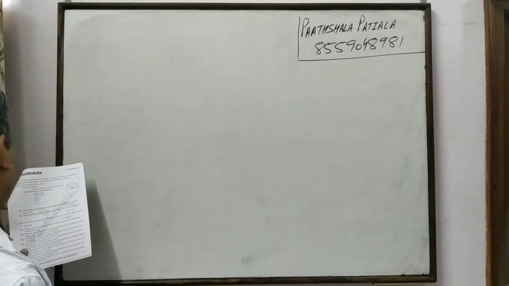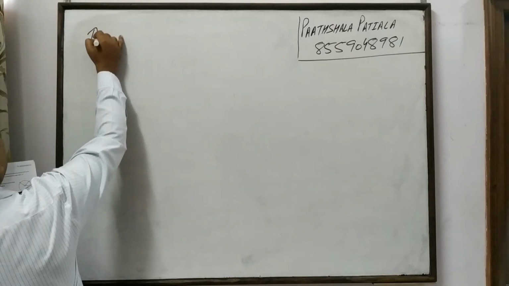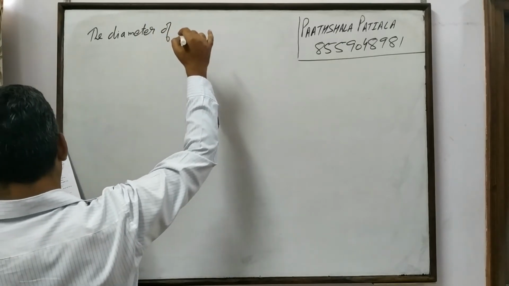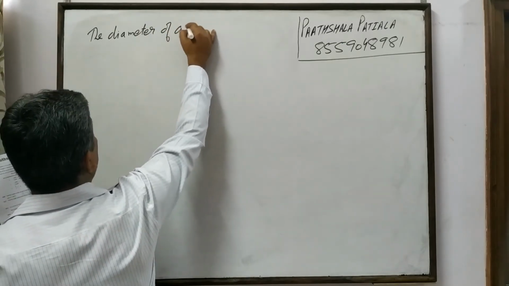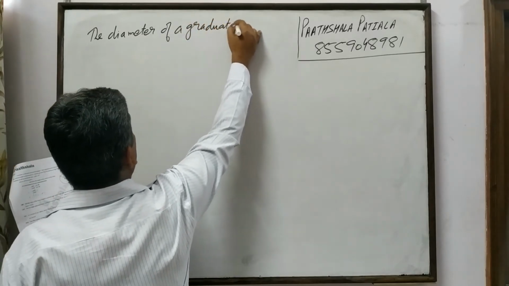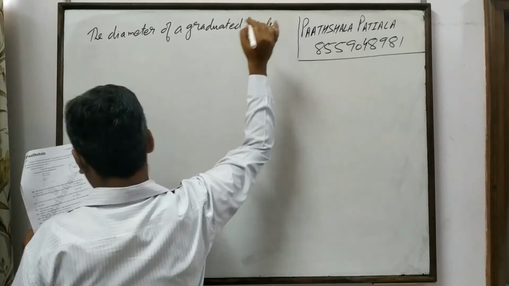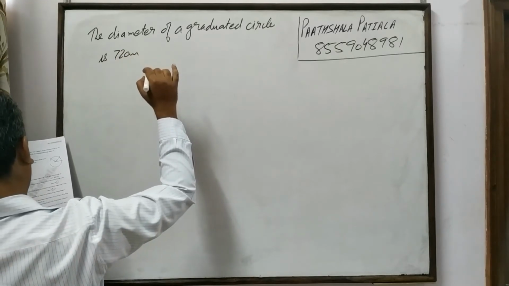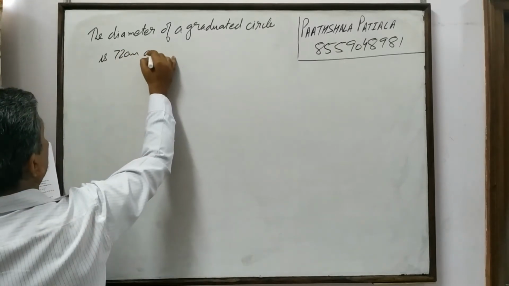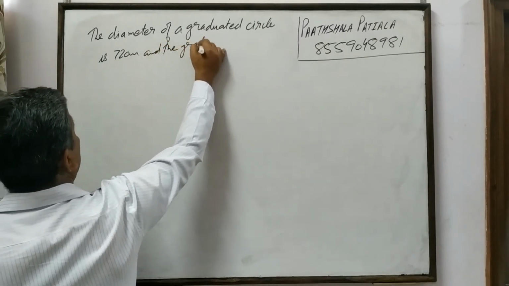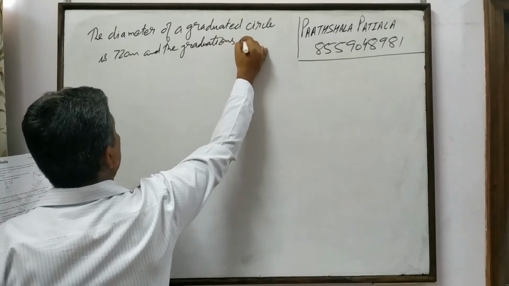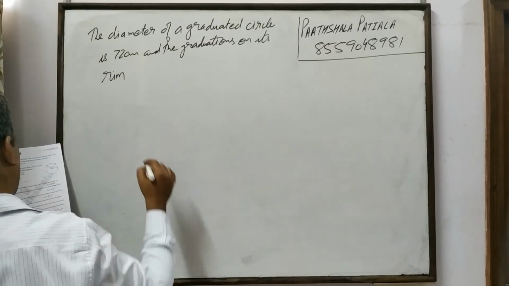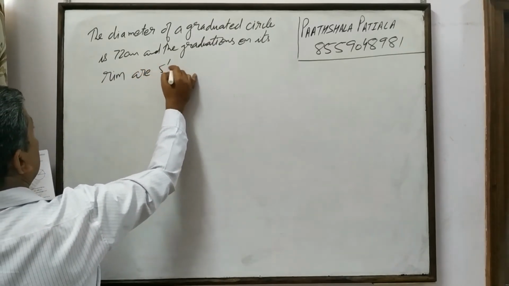Next is the diameter of a graduated circle is 72 centimeter, and the graduations on its rim are 5 minutes apart.